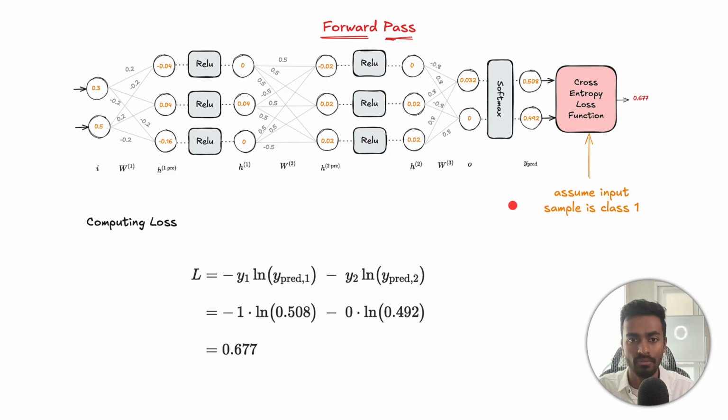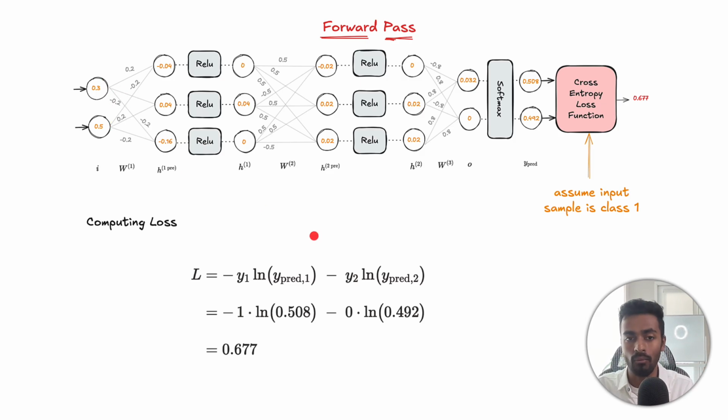And if we now perform the cross entropy loss, which is negative of label times the prediction for what that label should have been, minus label for the second class times prediction of what that second class label should have been. So we are going to assume here that for this input, the label was that this belongs to class number 1.